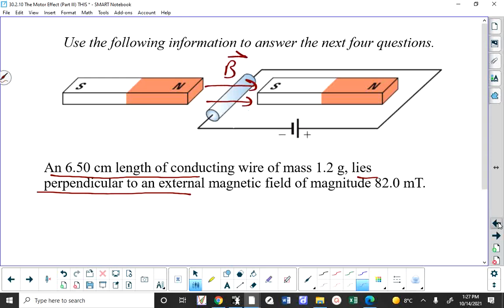That's the direction our fingers have to point. If you use conventional current, it is this way, because conventional current is towards the negative, because conventional current is positive. So you end up with your hand in this situation, which means the palm of your hand is facing up.